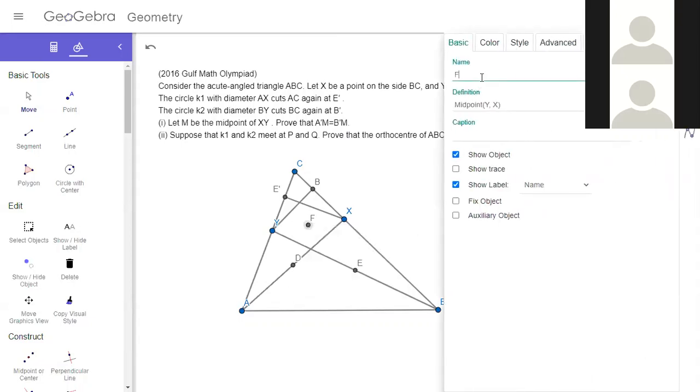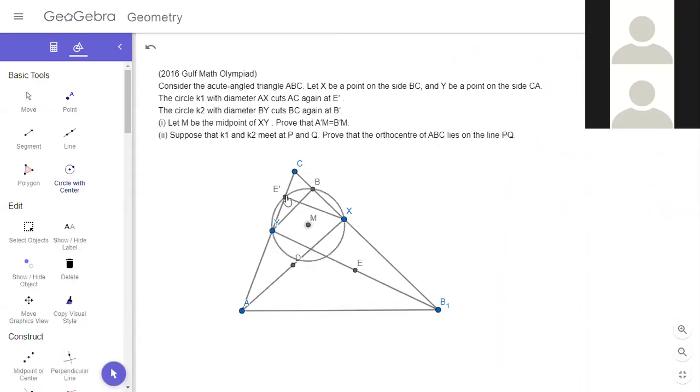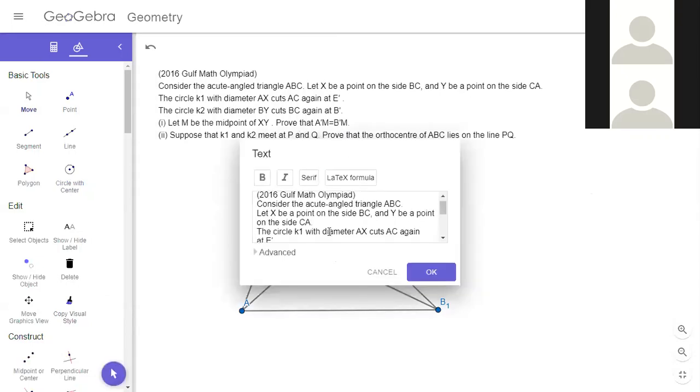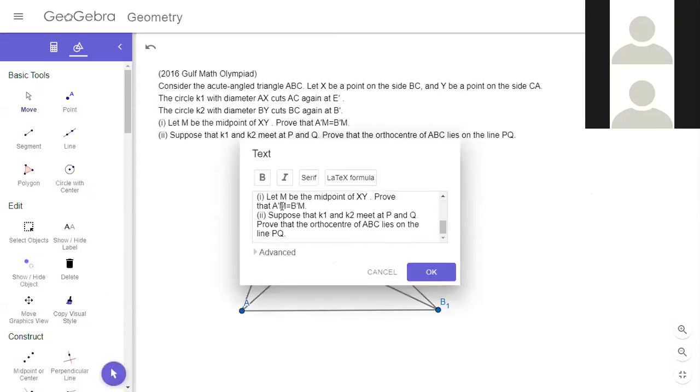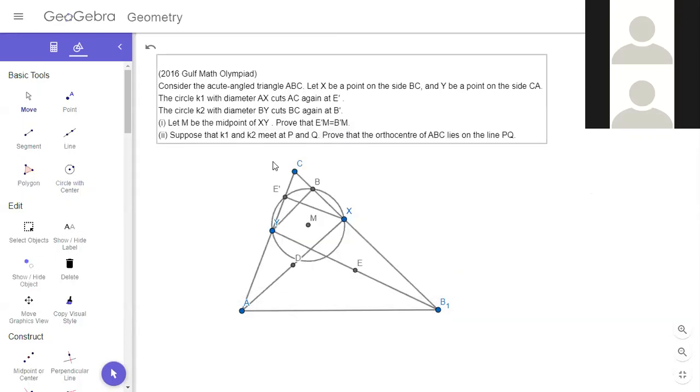Maybe they meant E prime M, because that would make sense. I mean, we know this, that's kind of trivial. So I'm guessing here they mean E prime. So that's trivial because E prime X, YBX is 90.